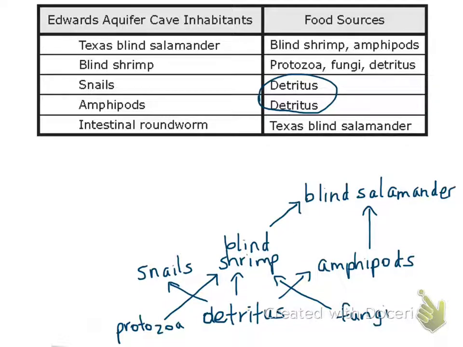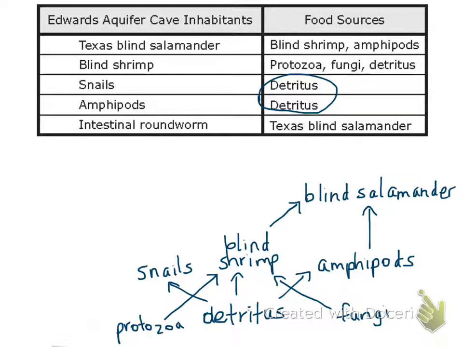So I'll draw arrows pointing to the blind salamander. That means that they are food that go into the blind salamander, and draw my arrows that way. And notice I put blind salamander above the others because now I'm on to a second level consumer that ate the first level consumer that ate the producer at the bottom.